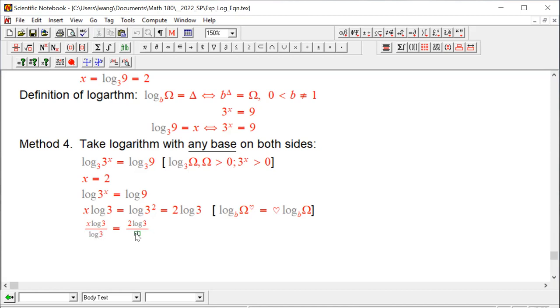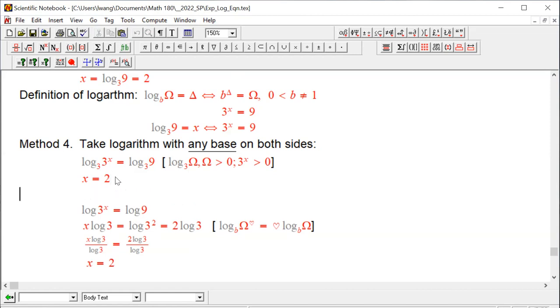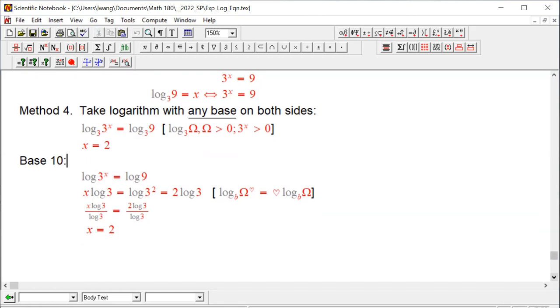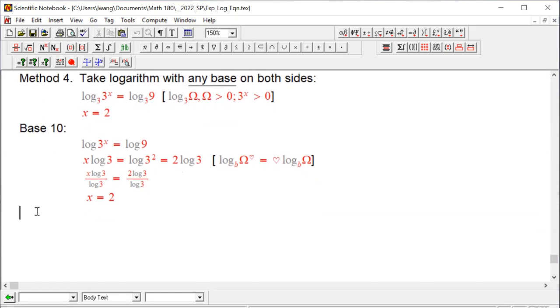Log 3 together is a single number. It's a single number. You guys need to practice this, okay? Make sure you practice this. So if I use base 10, could I use base e? Yes, we can use base e.